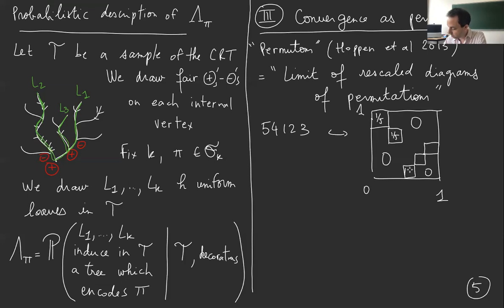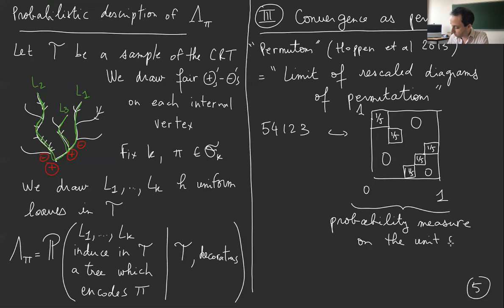Okay. So now this is a probability measure on the unit square. And this is the permutant associated to sigma n.